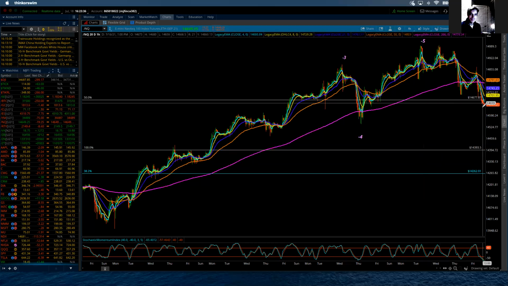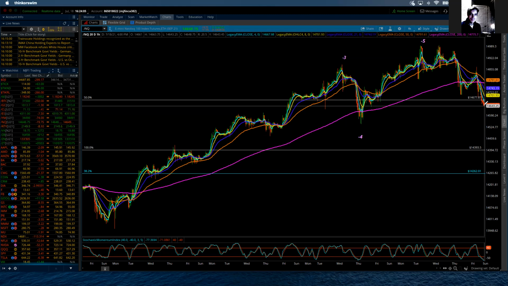Corrective waves come in several different forms. There is the complex, which could be a double ABC down. It could be a double zigzag. It could be a flat, all combining themselves together here, which tells us more that the market is not yet certain that it needs to go soaring higher. And if it goes sideways here, it's not totally convinced that it needs to go all the way down. So the more important thing to do is to remember that it's a correction.